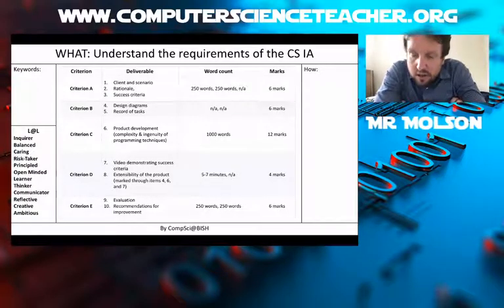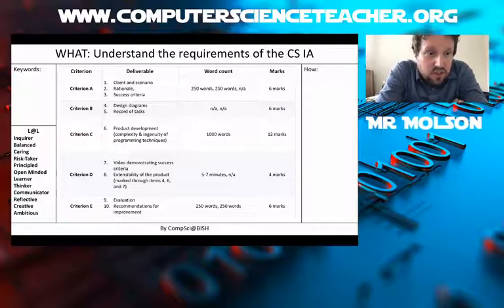So if you decide to use a series of nested if statements or nested loops, you would need to explain why you constructed your algorithm in that way, and your reasons for doing that. So there is an expectation that there will be some continuous prose in there. That word count is going to be up to about 1,000 words.